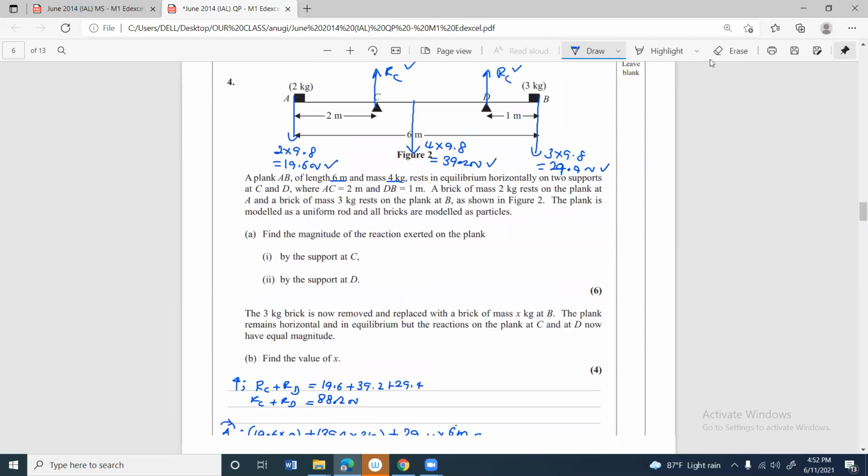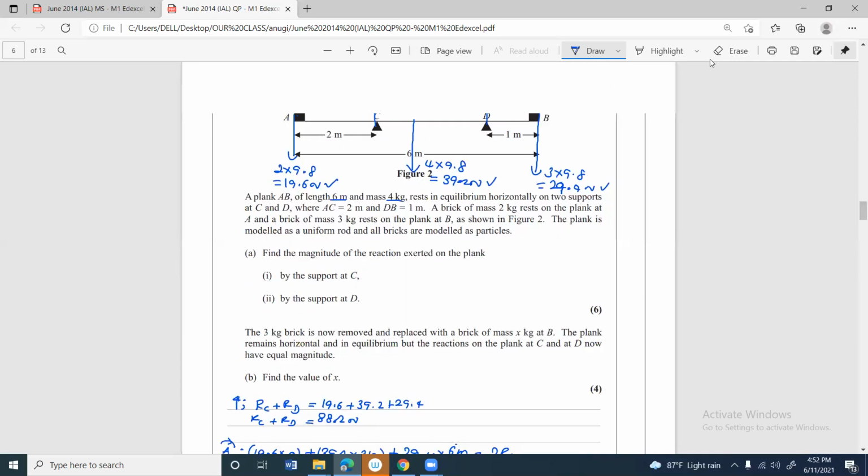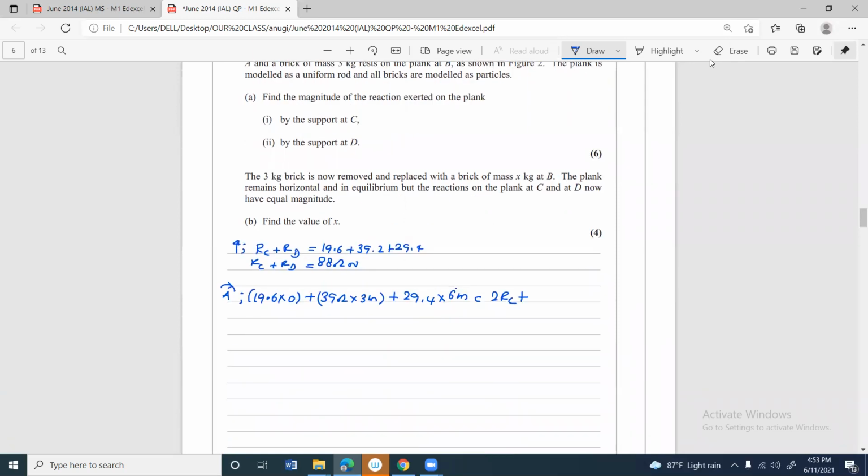Here the distance is 2 into RC, and over here, A to B the length is 6, therefore this length is 1 meter, so from A to D would be how much? Only 5 meters, 5 RD. We can work this out: 39.2 into 3 plus 29.4 into 6.